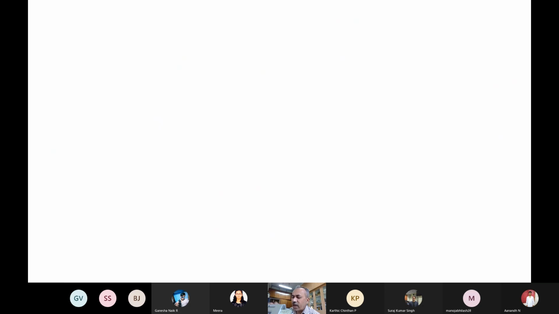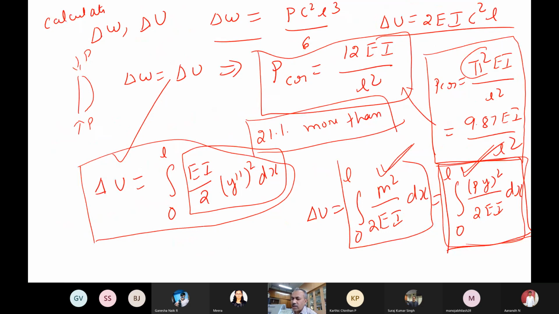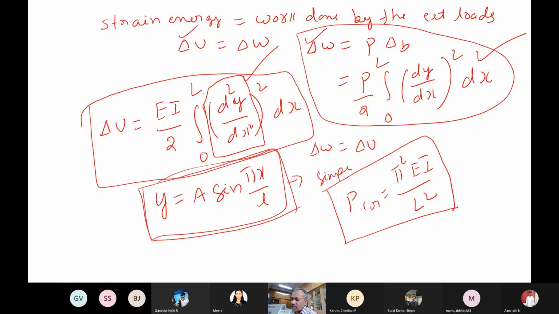So we define functionals like this. For example, if I write the total energy, say I have a strain energy, delta W, I will have terms like d square y by dx square, the second derivative, the first derivative squared, and all other things.